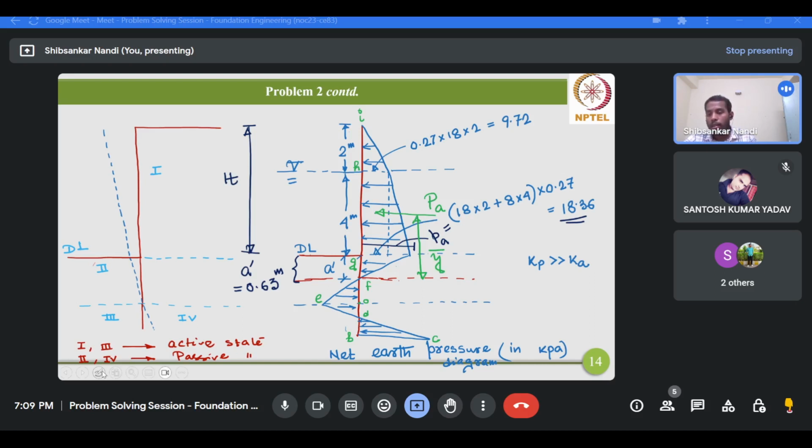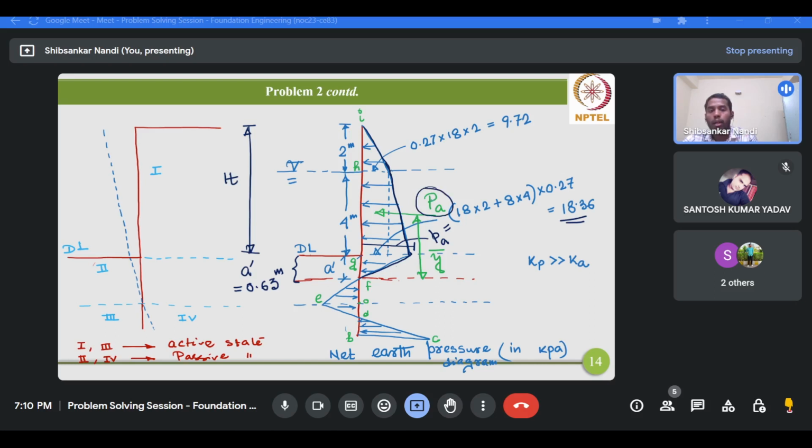It's very simple. You have to split this diagram. Sorry, this is not the active earth pressure diagram, this is the net pressure diagram above the point of zero pressure, and the resultant of this diagram will give you the value of PA.